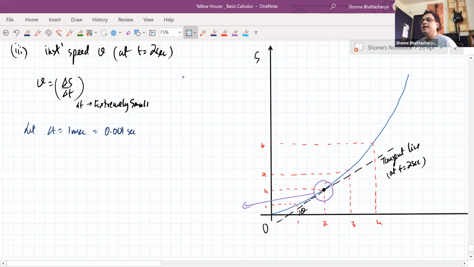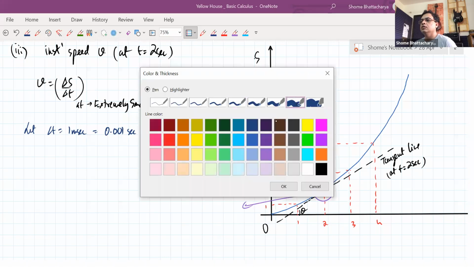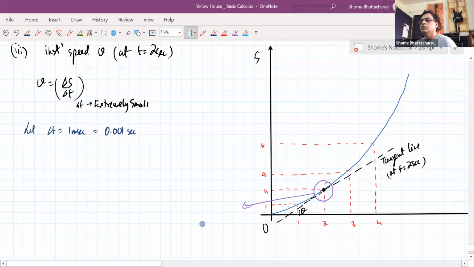Okay. So when I magnify this graph now, let's say this is the value of time that I have, which is t naught equal to 2 seconds. Now this next value of time that I have to take, like the next consecutive point almost, that will be t equal to 2.001 seconds, according to the value of delta t that I have taken.